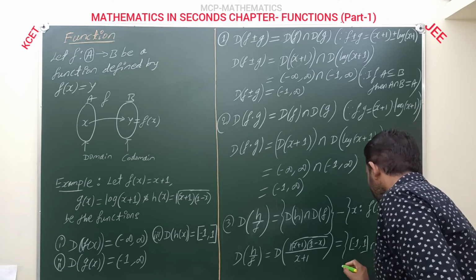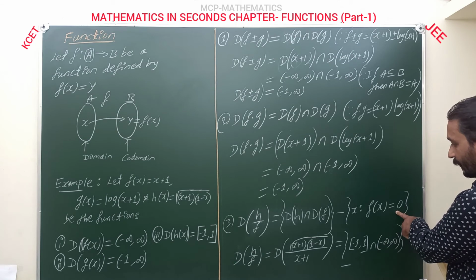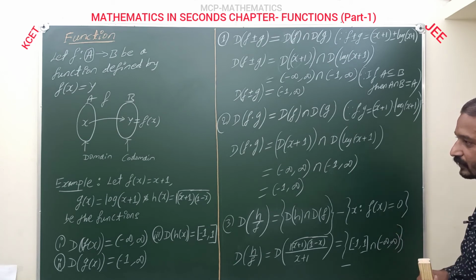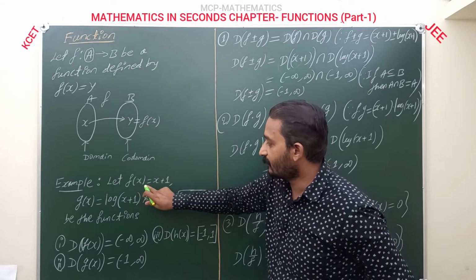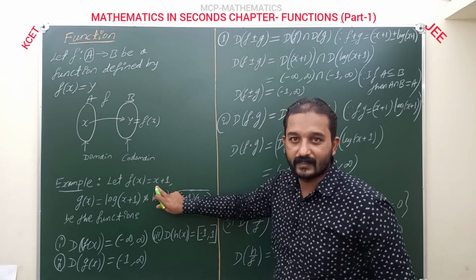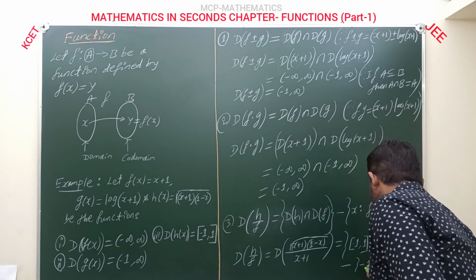These elements are subtracted by the points where f of x is equal to 0. We have to find the x values where f of x is equal to 0. F of x is equal to 0 means what? Put x equal to minus 1, and f of x is equal to 0. Only one point is obtained, so that set contains minus 1.